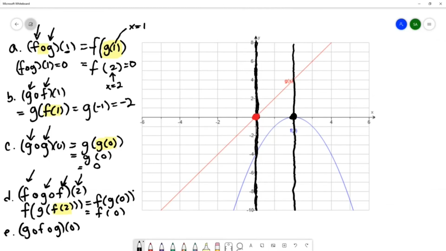Finally, I need to find f of 0. I've already got the vertical line at x equals 0, and this spot right here is where the vertical line crosses the graph of f, and that is at the y value of -4. So f of 0 is -4.